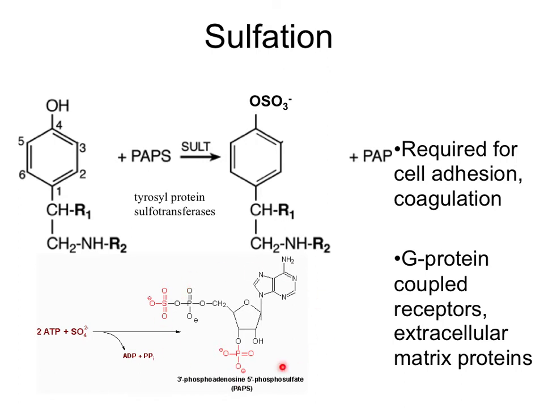And here's the structure of the PAPS. And so this is required for cell adhesion, coagulation, and is also involved in G protein coupled receptors, extracellular matrix proteins, and so forth.